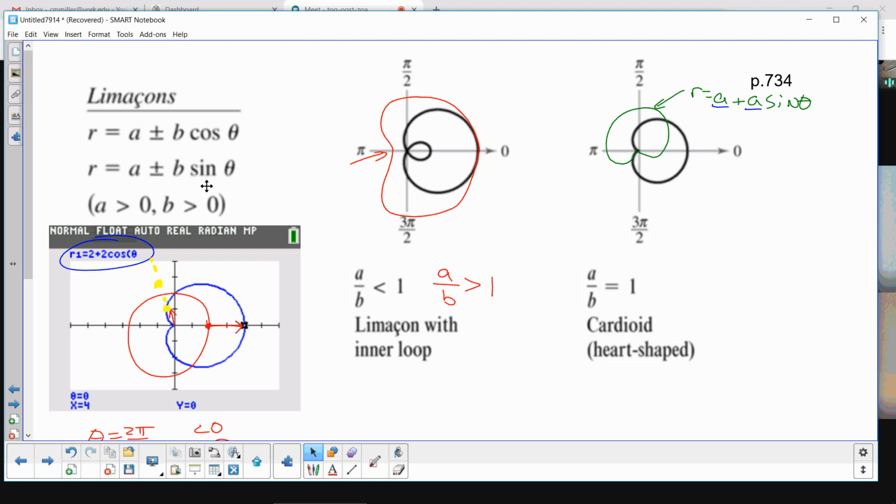So my point is, when this b is bigger than 1, when you multiply it by the cosine, it's going to more than offset the a. And so when you're pointing in these directions for theta bigger than pi over 2 to pi, it's actually going to be tracing out this loop inside.